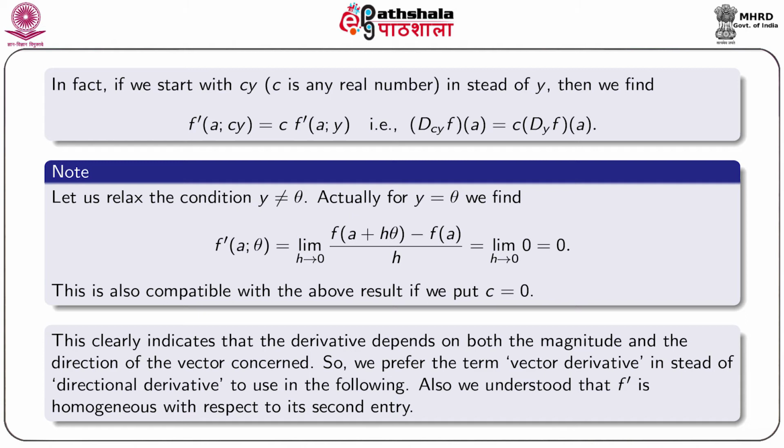So, we prefer the term vector derivative instead of directional derivative to use in the following. From the relation f dash (a, cy) equal to c f dash (a, y), we understood that f dash is homogeneous with respect to its second entry. Now onwards, we shall use the term vector derivative for what we have still called directional derivative.